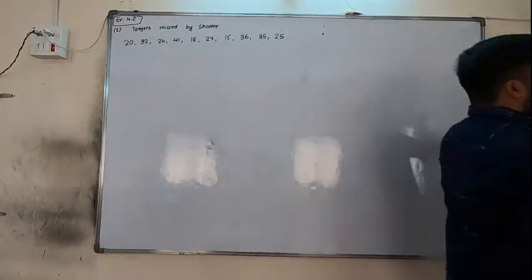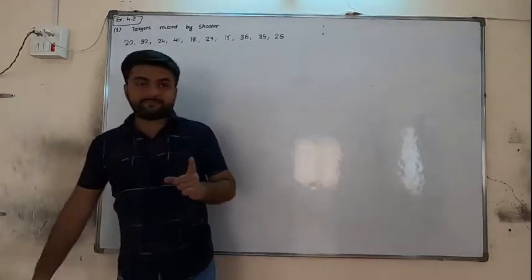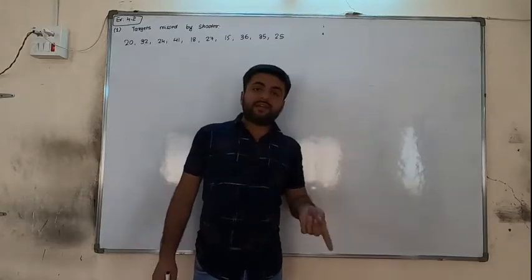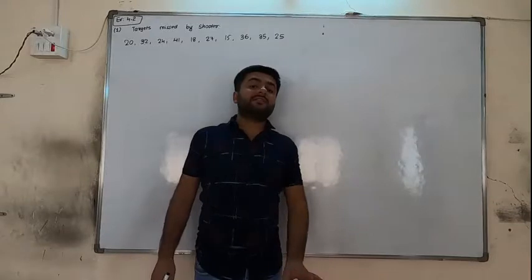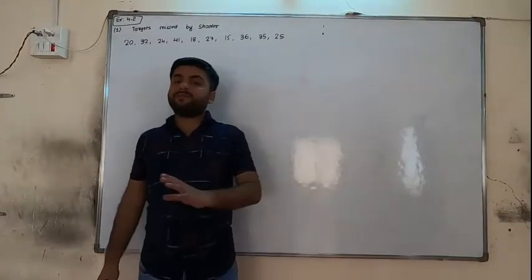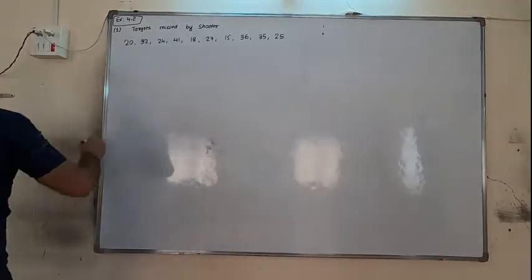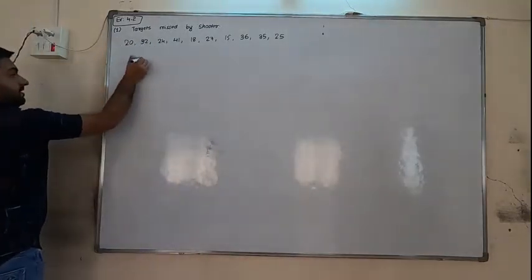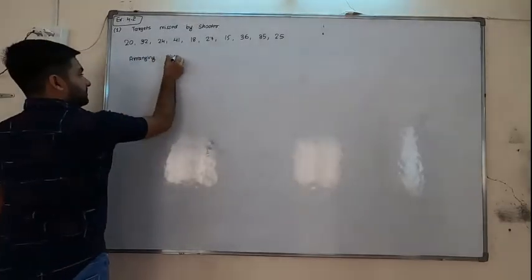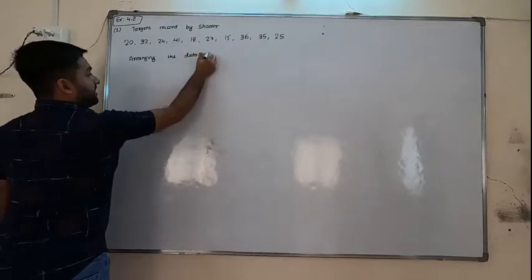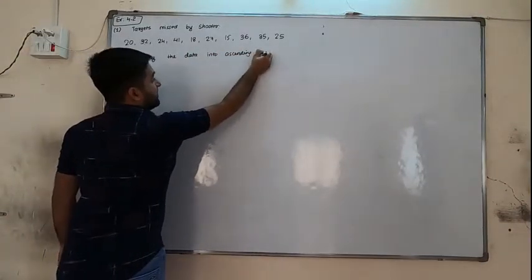Now friends, this is ungrouped data, and you should remember that for ungrouped data, whenever we are calculating median and its positional averages, it is to be rearranged in ascending order. The formula for quartiles is not required to be written because we have written it in the previous chapter itself. So first we need to arrange. If you are not arranging, then your answer will be wrong. Arranging the data into ascending order.